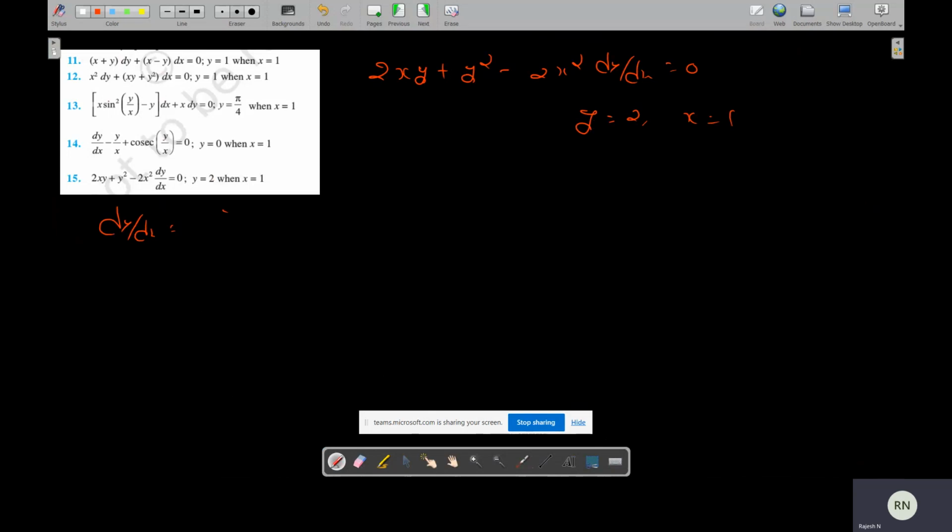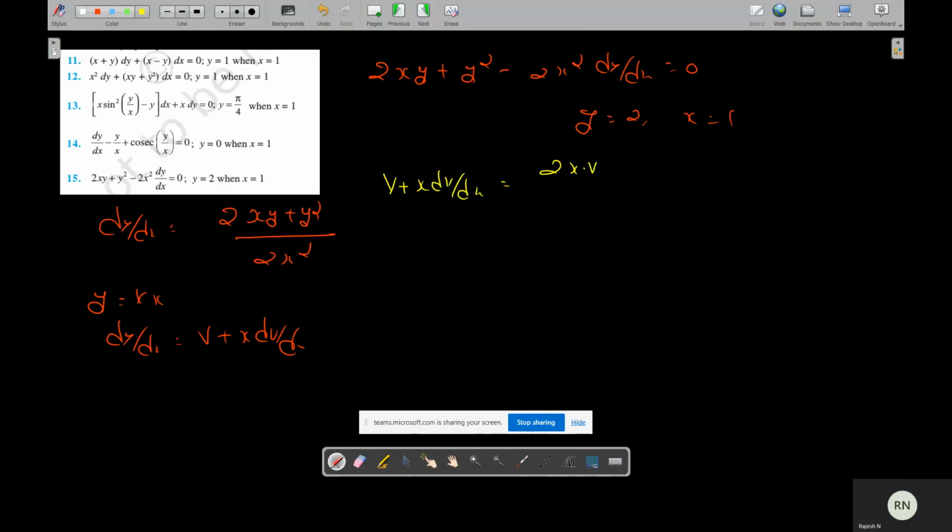dy by dx is equal to 2xy plus y squared by 2x squared. So y is equal to vx. What is dy by dx? v plus x into dv by dx. Therefore, v plus x dv by dx is equal to 2x into vx plus vx the whole square by 2x squared.